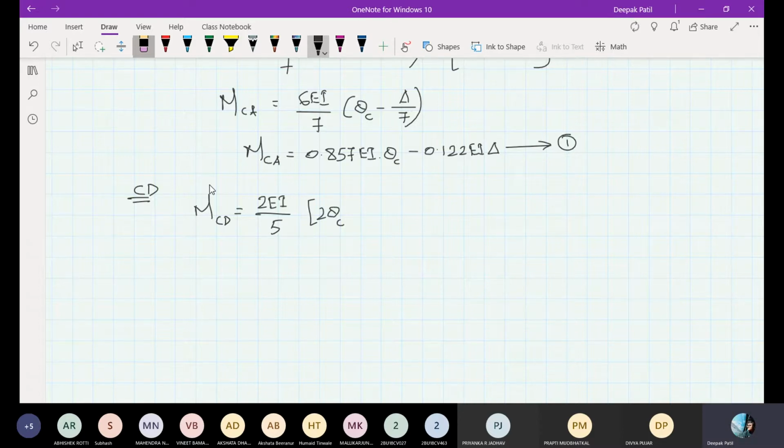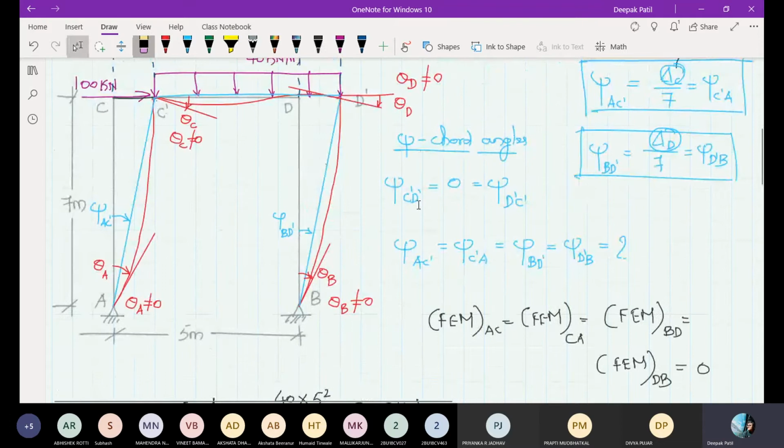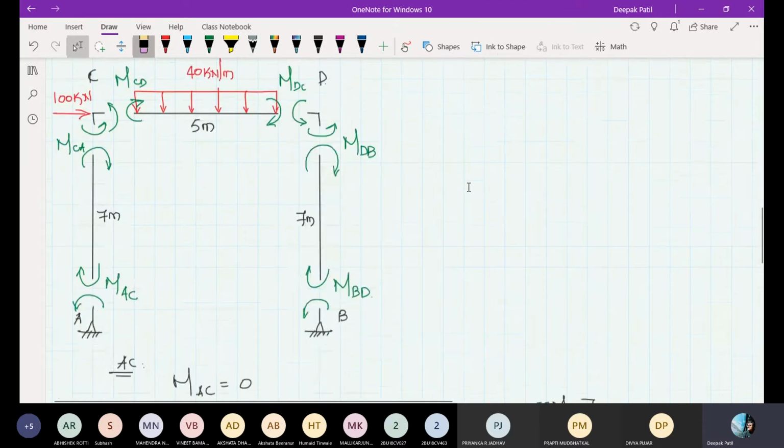2 times theta C plus 1 time theta D, minus 3 psi CD, plus fixed end moment CD. Psi CD is 0; we have already calculated that. Psi CD or psi C dash, both are the same, and they are 0.